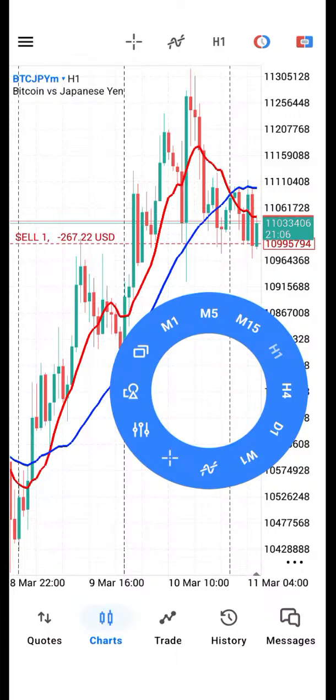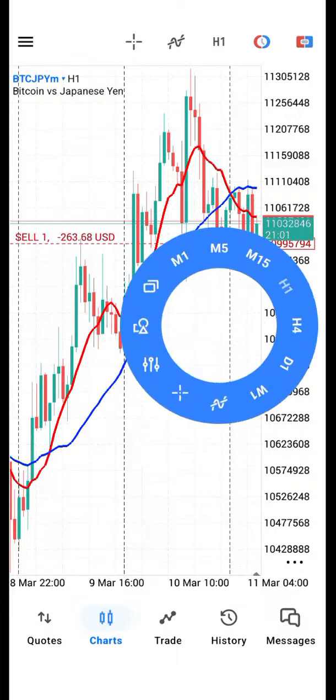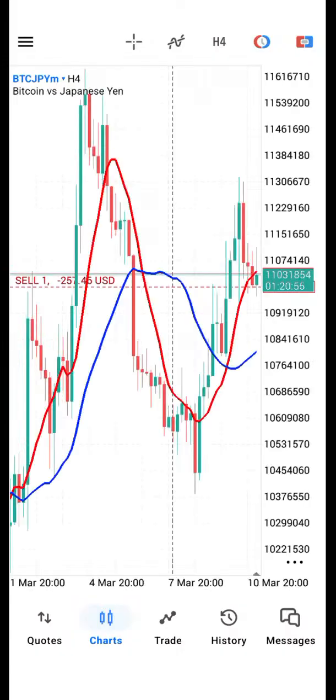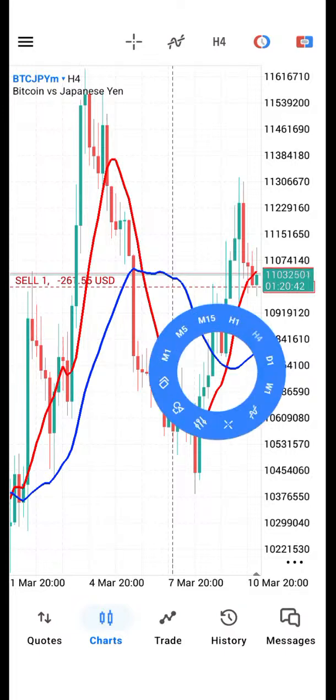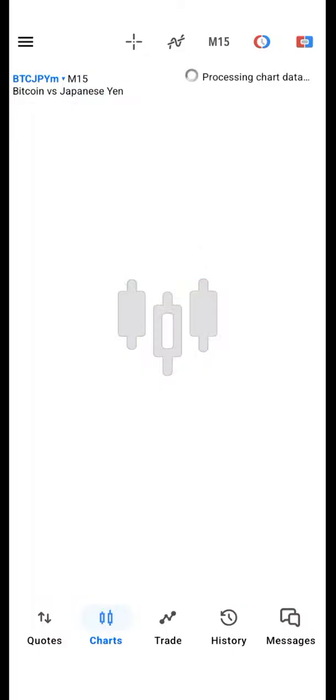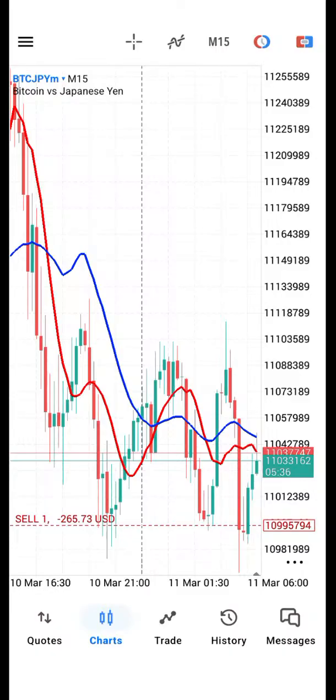One hour has actually changed. 1 hour has changed the movement. I see this 4 hours candle. It has changed the movement as well. It took that bottom and it's heading up. So I'll just close this trade.